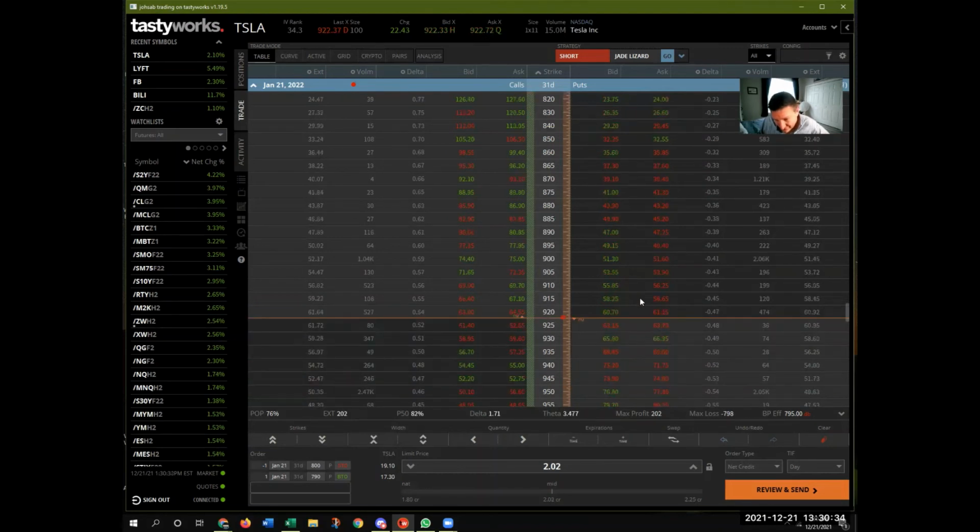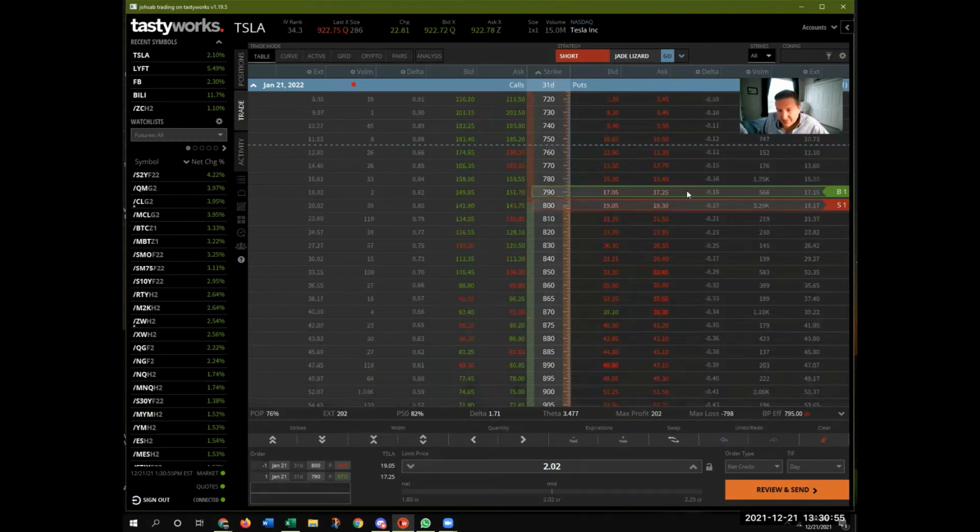As an example, if I move up here to 920, there's a 47% chance, or say 50-50 chance, that the stock will be under 920 by January 21st. And that's just based on the historical and implied volatility.